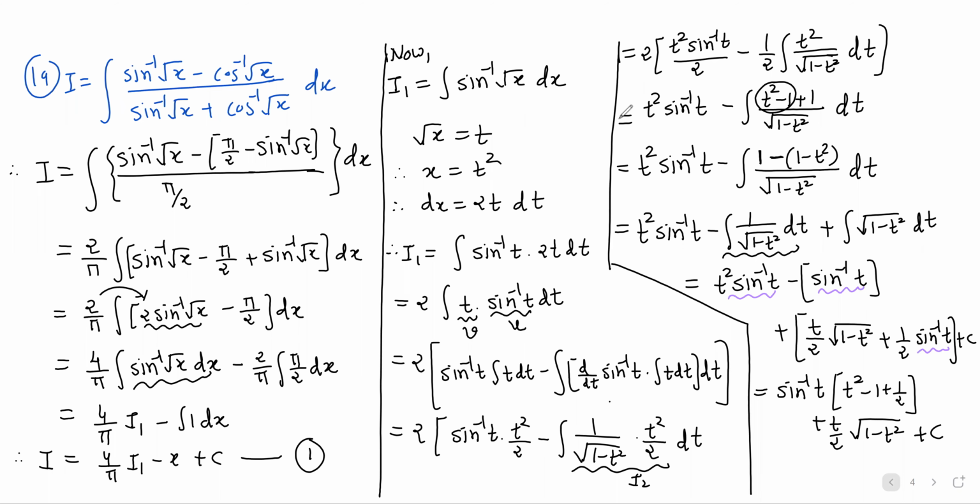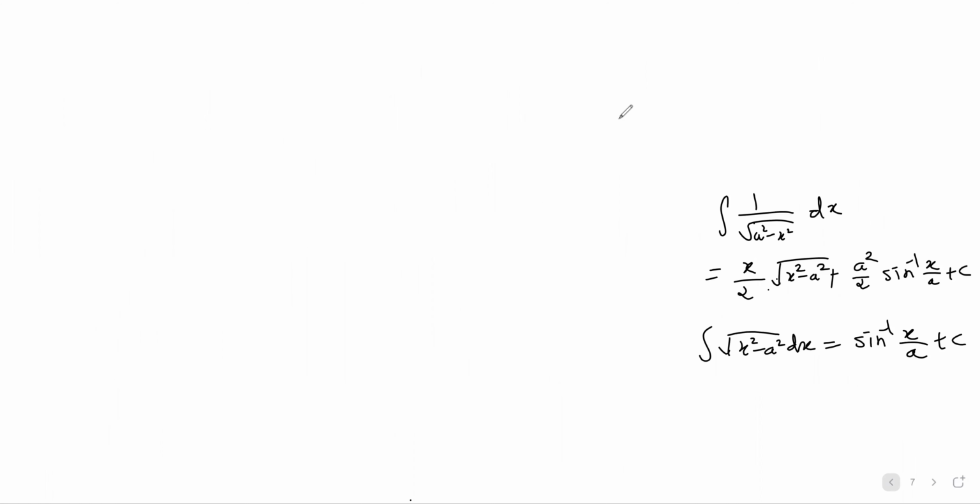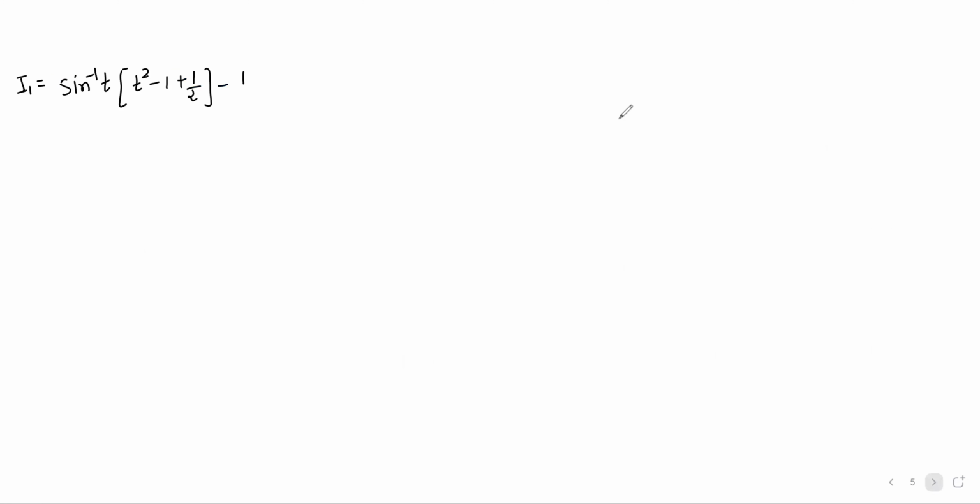I1 is equal to sin inverse t, t square minus 1 plus 1 upon 2, plus t by 2 under root 1 minus t square plus c.